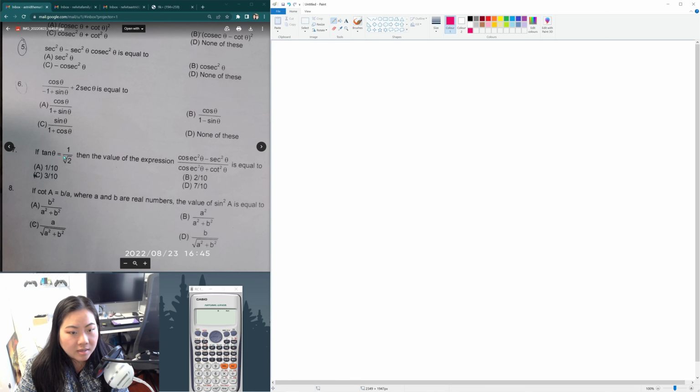Question 7. If tan theta is 1 over root 2, then the value of this expression is equal to 1/10, 2/10, 3/10 or 7/10. We know that tan theta is opposite over adjacent, right? So if we have a right angle triangle and we have theta here, then tan theta is opposite over adjacent, which is 1 on root 2.